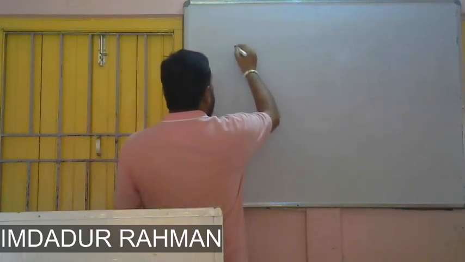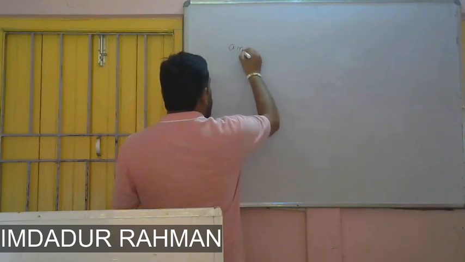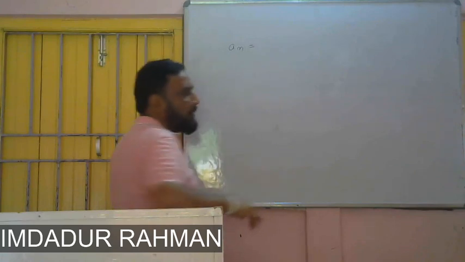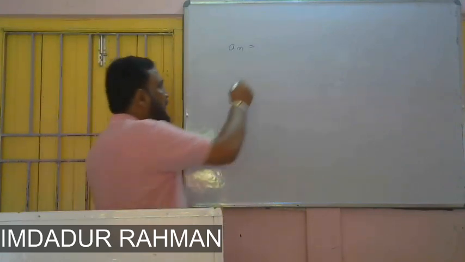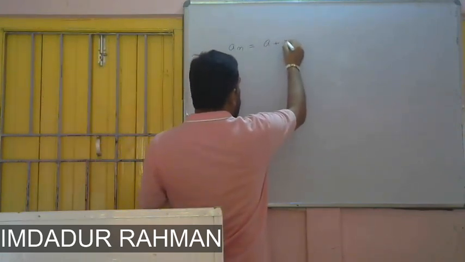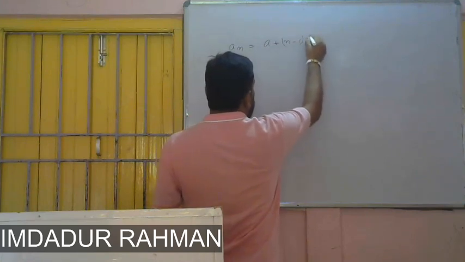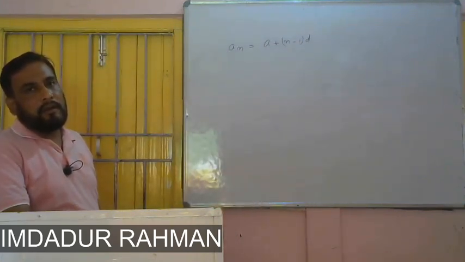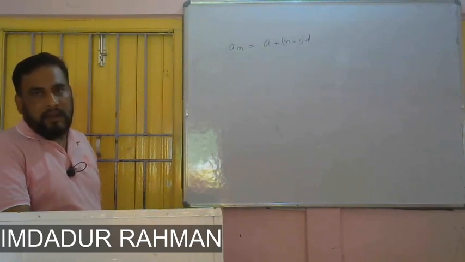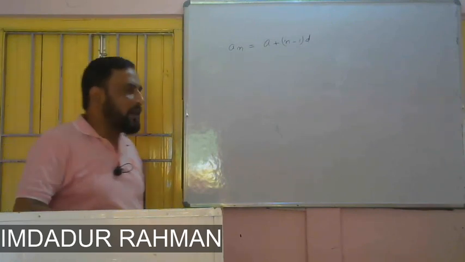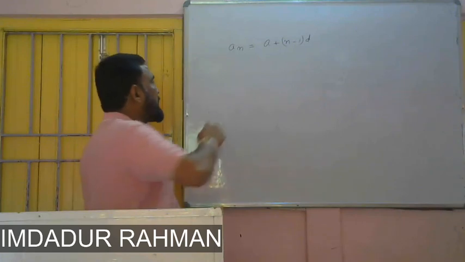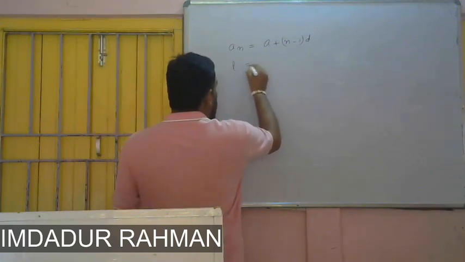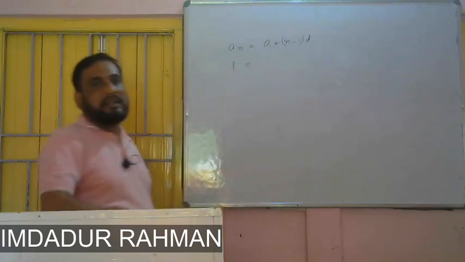Arithmetic progression formula of nth term is A plus n minus 1 into D. This is the formula of the nth term. To find out the nth term of an AP series is this one. L denotes last term.